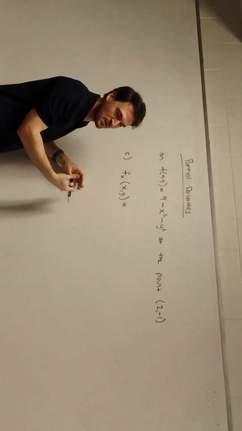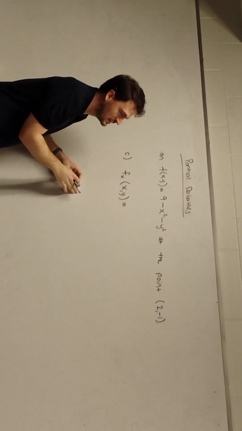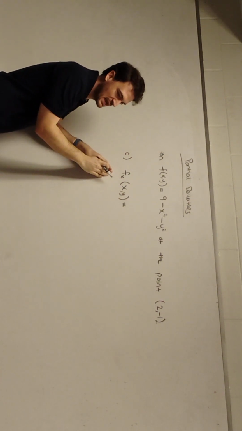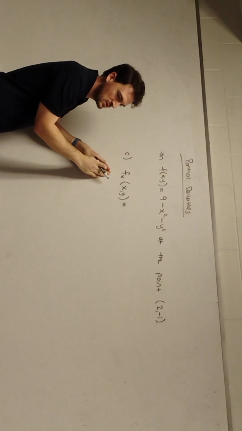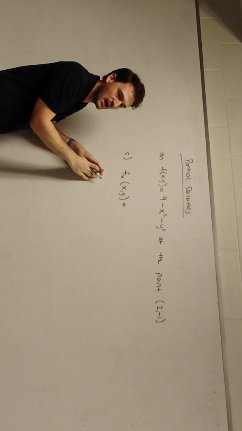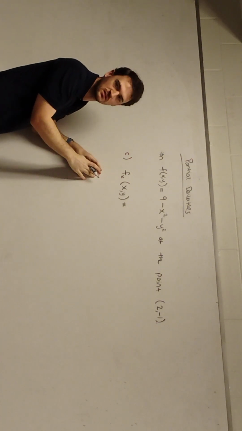You know eventually something's going to get plugged in for y. So you guys are going to like this. When you take the derivative with respect to x, take the derivative like normal, Calc 1 knowledge, and anytime you see a y, it's now a constant. It's now a number.